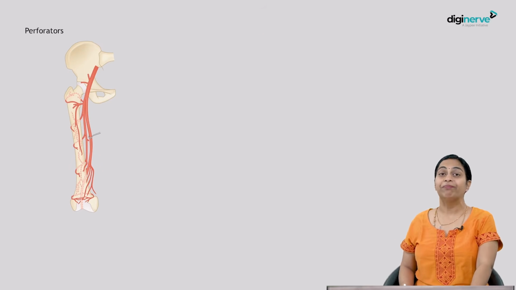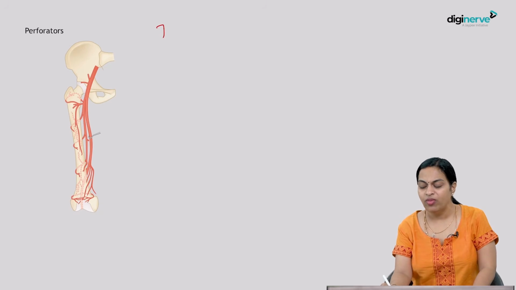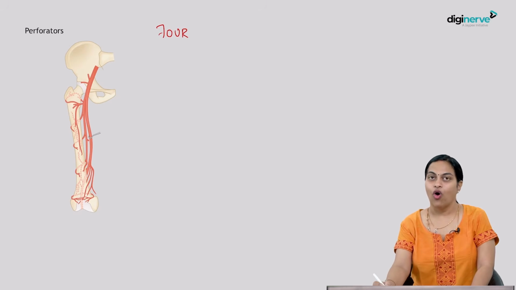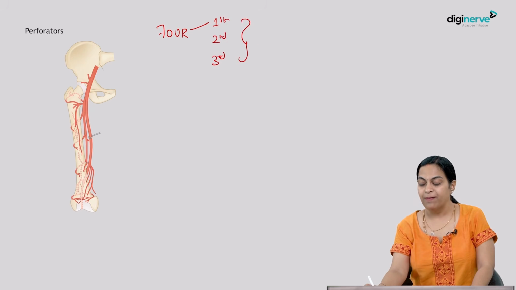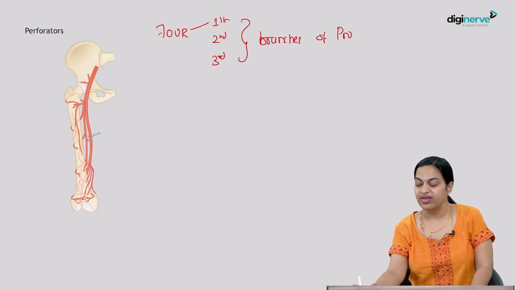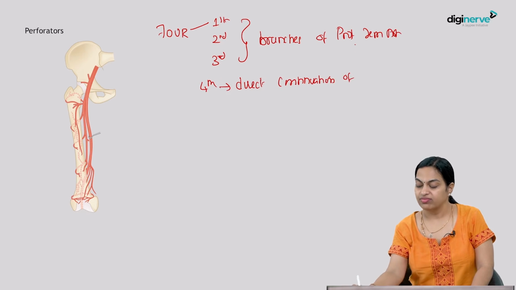Now let us move on to the perforators of profunda femoris. So totally how many perforators? Four. Of the four, the first, the second and third are branches of profunda femoris artery, isn't it? Whereas the fourth perforator is the direct continuation of profunda femoris.